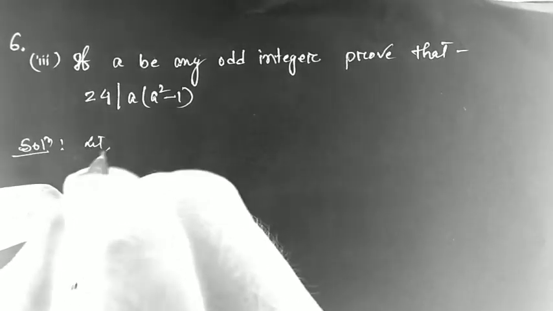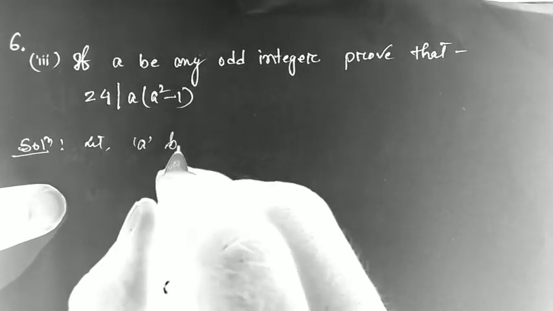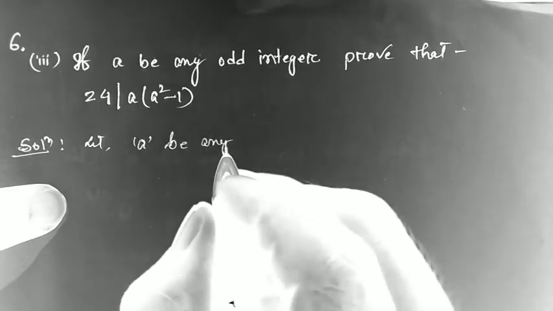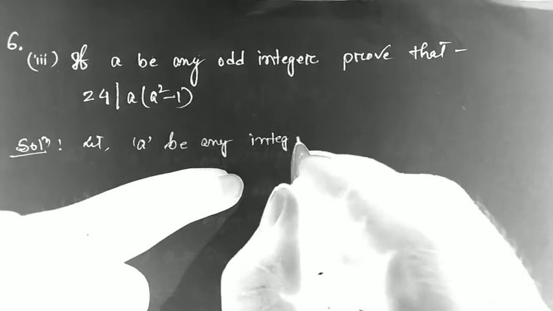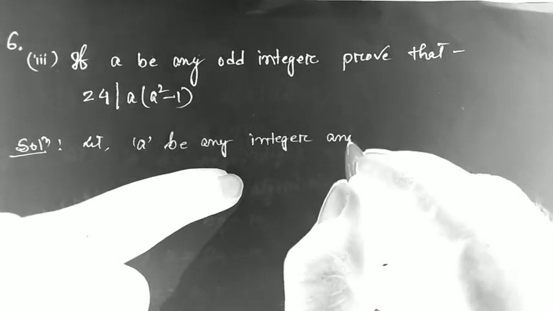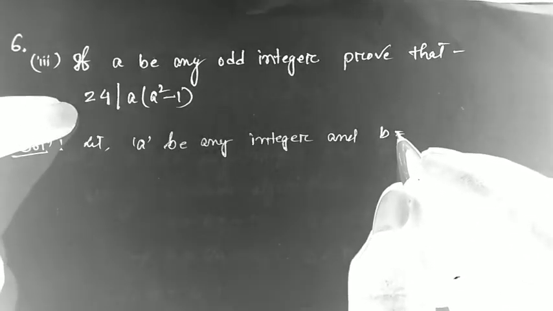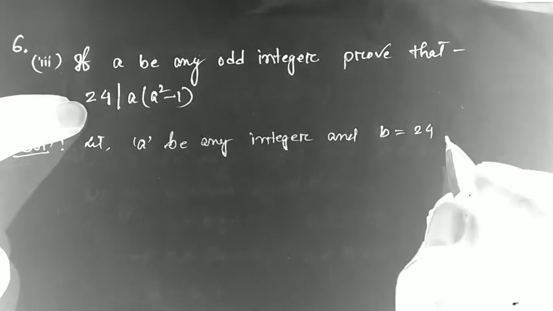Let a be, first of all we will consider any integer, a be any integer and b is equal to, this time 24 is there, so 24.